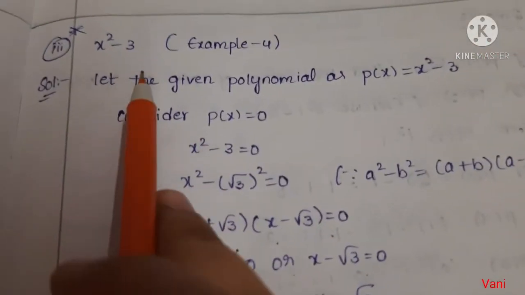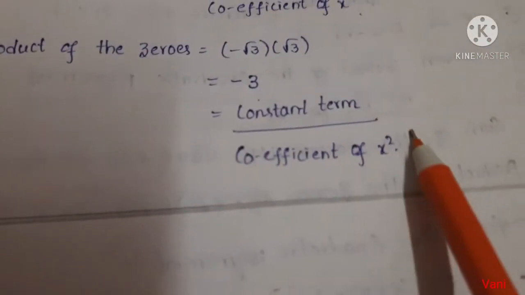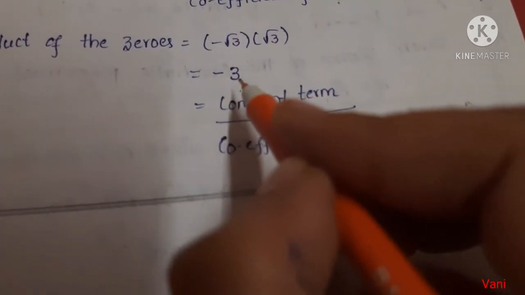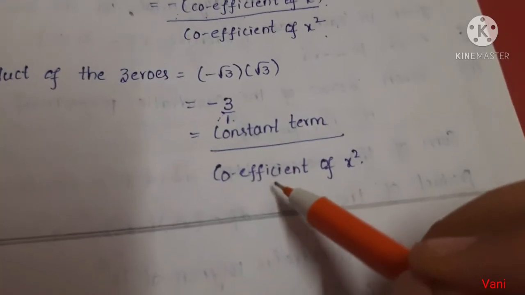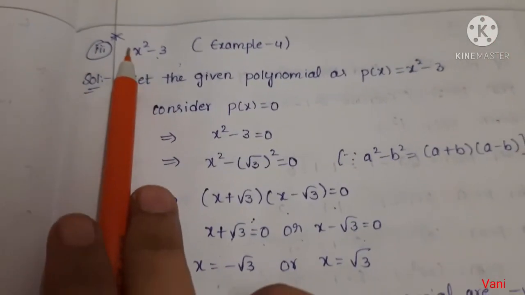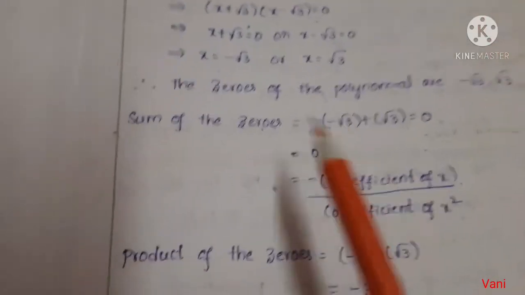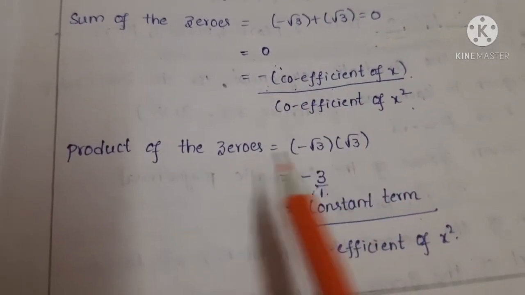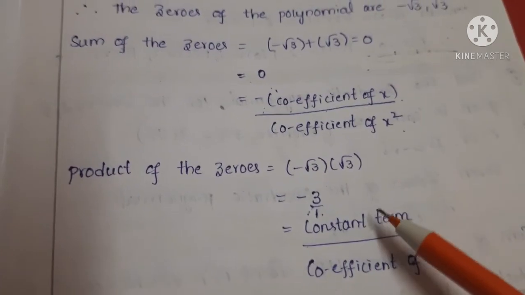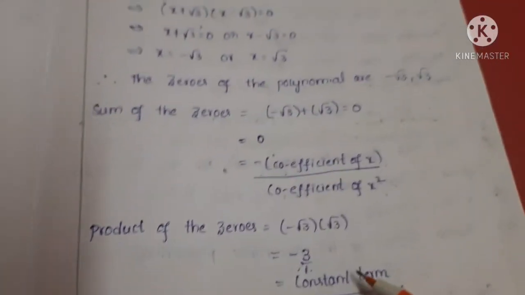So this 3 is nothing but the constant term in the polynomial, divided by the coefficient of x square, which is 1. In the denominator nothing is there, so you can consider it as 1. So with the sum of zeros and the product of zeros, we verified the relationship between the zeros and the coefficients. The problem is completed. Thank you children.